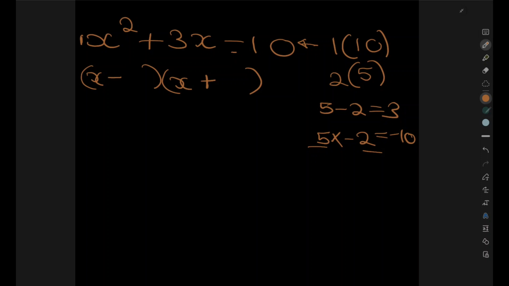So now, where do we put the 5 and where do we put the 2? We've already determined that 5 minus 2 gives us positive 3, and 5 multiplied by negative 2 gives us negative 10. So we know that our 5 is positive and our 2 is negative.